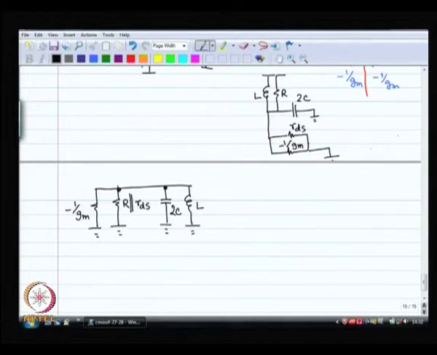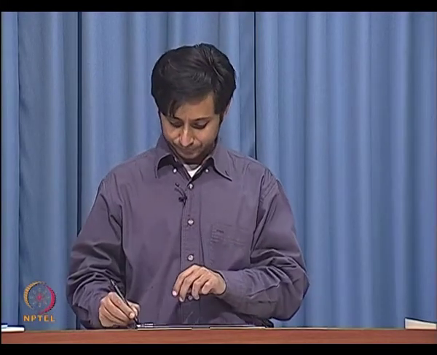Now, it is easy to see that when minus 1 by Gm is exactly equal to R parallel RDS, all you are left with are the inductor and the capacitor. The negative and the positive resistors, when they are in parallel with each other, they nullify each other, right, in this fashion.